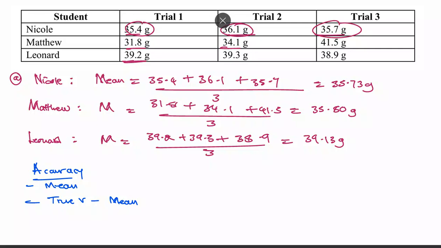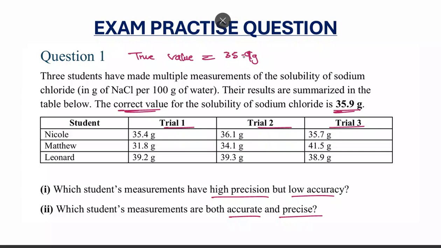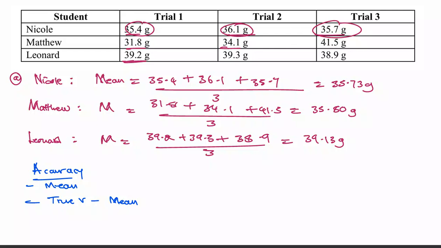So you can remember in the question we are given that our true value is 35.9. The true value is 35.9 grams. So we need to subtract. For Nicole, we are going to say 35.9, because that is our true value, minus the mean.